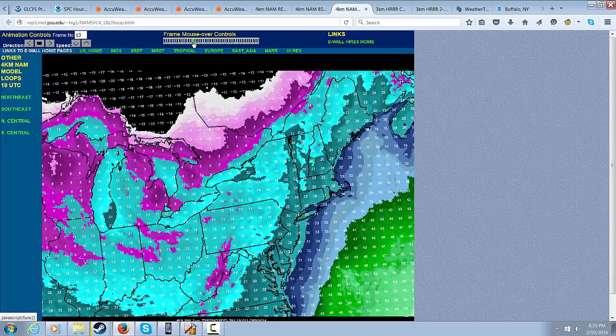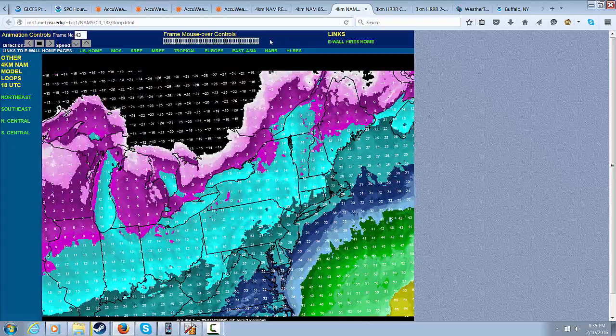Temperatures, according to the 4K NAM, are going to get very cold. As you see, we have minus 20s and below to our north and west. Now, I don't think we're going to get that cold. Maybe areas like Saranac Lake, it could be possible, but in Oswego City and points like Syracuse, I doubt it.